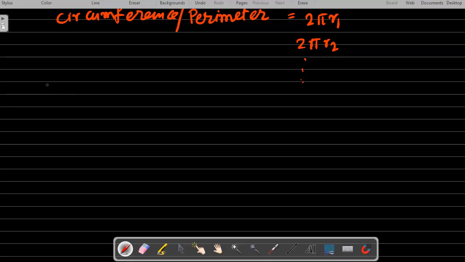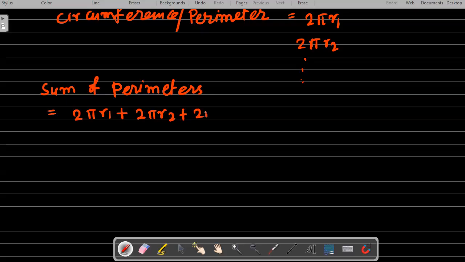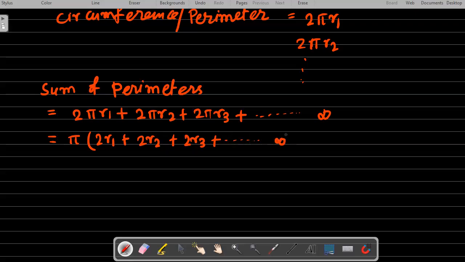So if we add the perimeters, the sum of perimeters is equal to 2 pi r1 plus 2 pi r2 plus 2 pi r3 plus like that. Now take pi common and you get pi times (2r1 plus 2r2 plus 2r3 plus like that up to infinity).